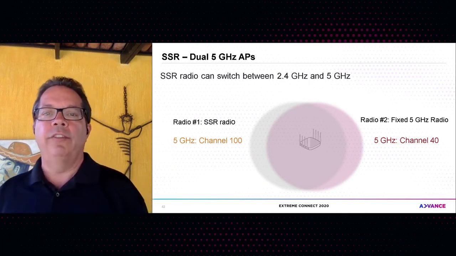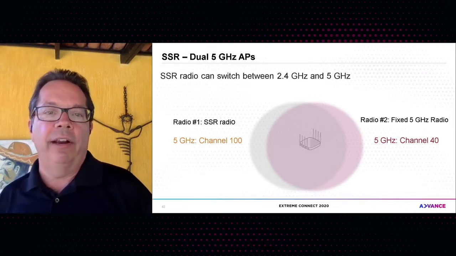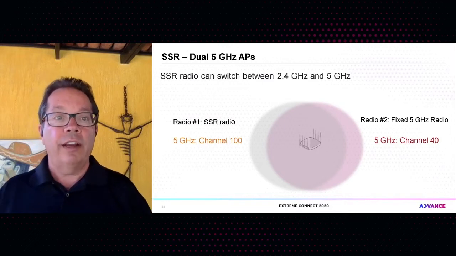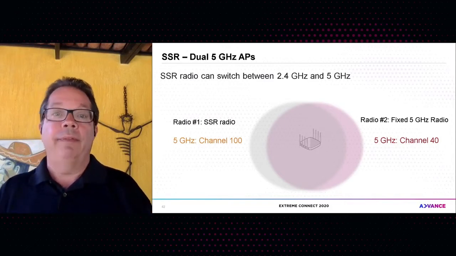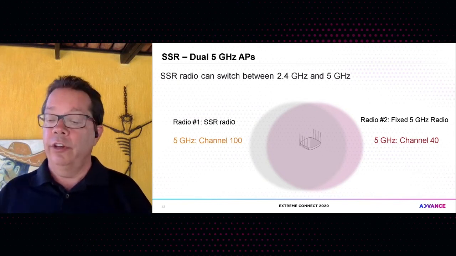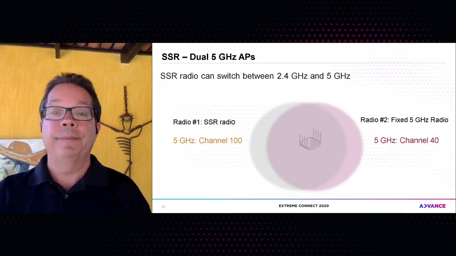Well, how about instead of disabling those, you turn them into a secondary 5 gigahertz radio. Effectively, you've doubled your capacity. That's the beauty of dual 5 gigahertz. It's been a big winner here at Extreme Networks for a long time, and our customers love it.